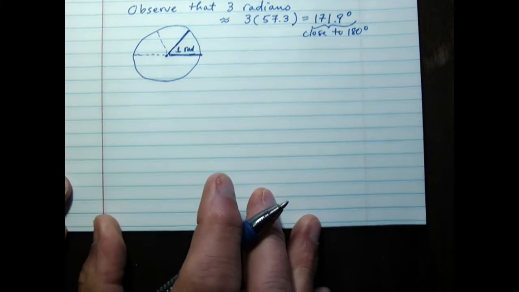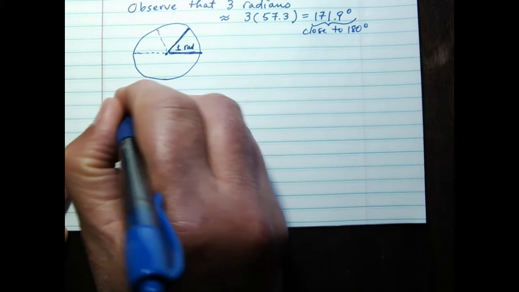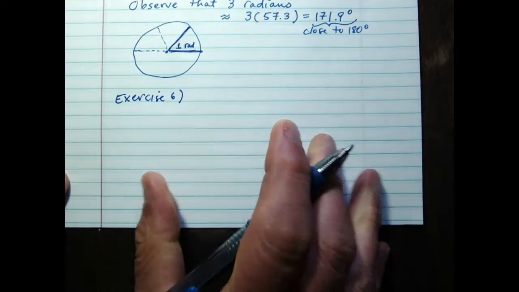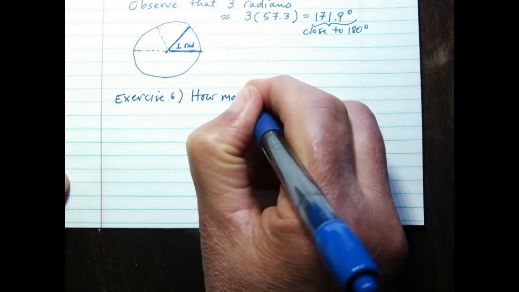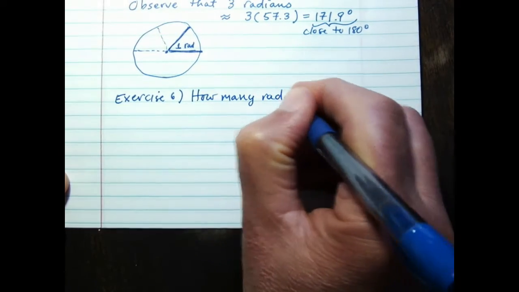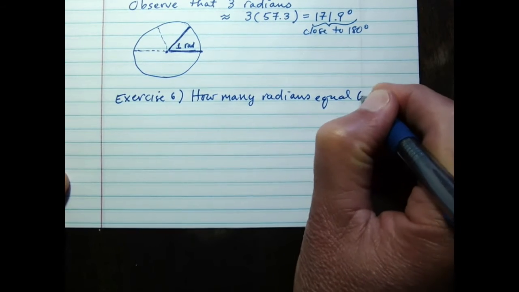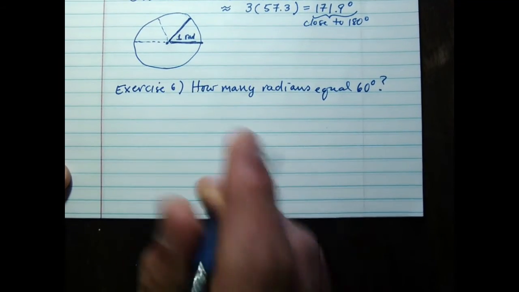In fact, it looks so close to 60 degrees. Let's maybe call this exercise 6. How many radians equal 60 degrees? What is 60 degrees in radians?